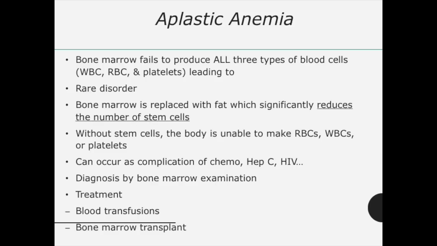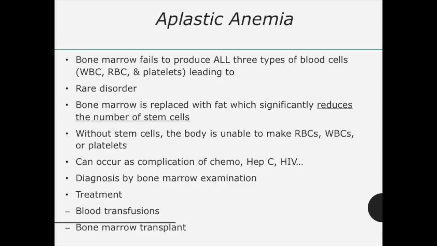So when you think about that, what would that look like? You're going to have the signs and symptoms of a patient who is at risk for bleeding. You are going to have a patient who is at risk for infection. And then you're going to have a patient that is also going to be weak and very pale.